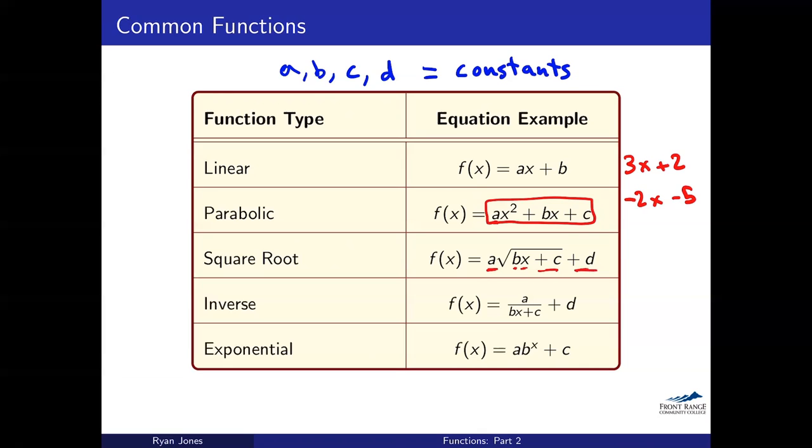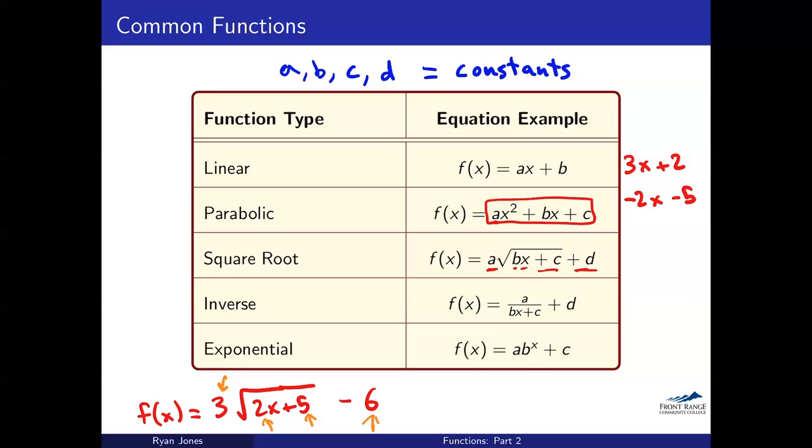So if you saw something that looked like, for example, 3 square root of 2x plus 5 minus 6, this is still going to be a square root function. Really, we just have all of these things here that are extra added in, and for now, I don't really care about them. I just noticed that this is still a square root function.